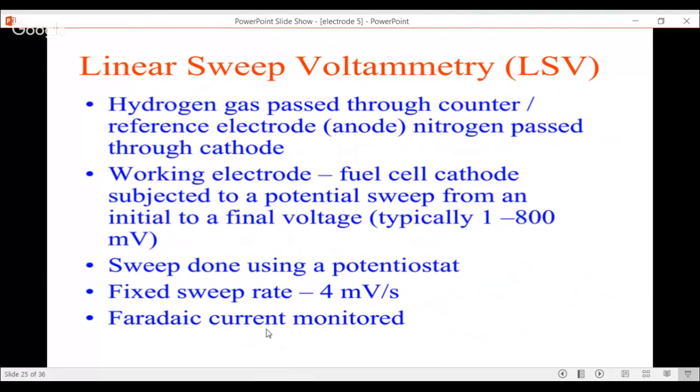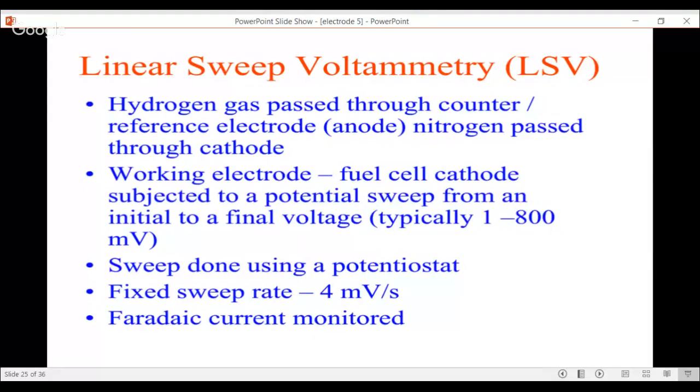Sweep is done using a potentiostat at a fixed sweep rate. Sweep rate has to be constant. We'll see later on, these are very important variables in electrochemistry, the sweep rate, because we don't have any other variable. I already told you current and voltage alone is the thing. So if you want to study the kinetics of the reaction, you have to only manipulate how you are applying the potential and measuring the current. So sweep rate is one of them.